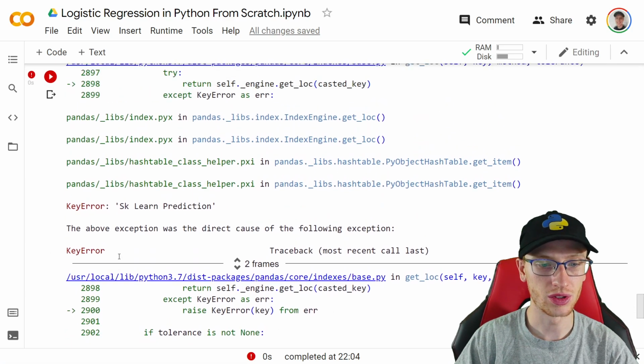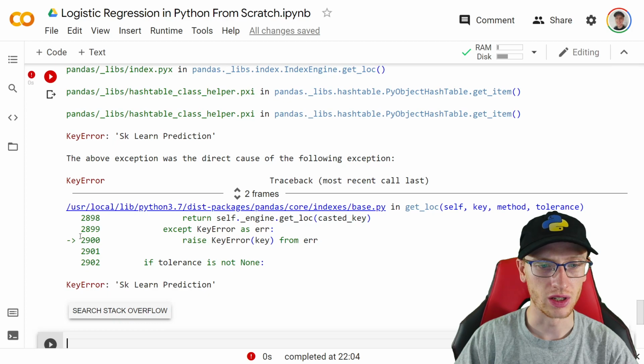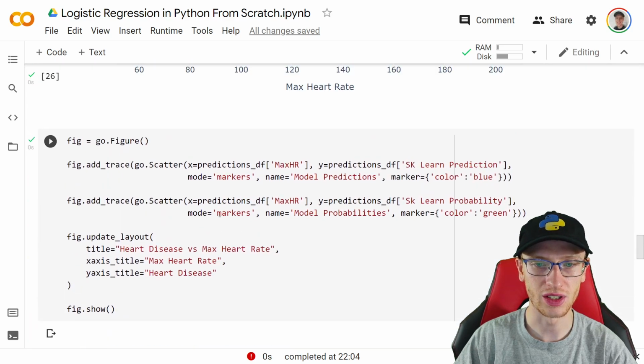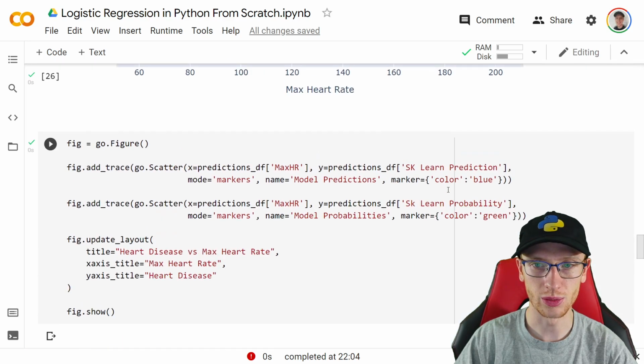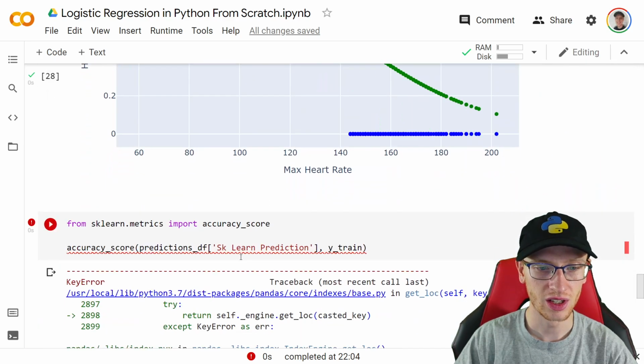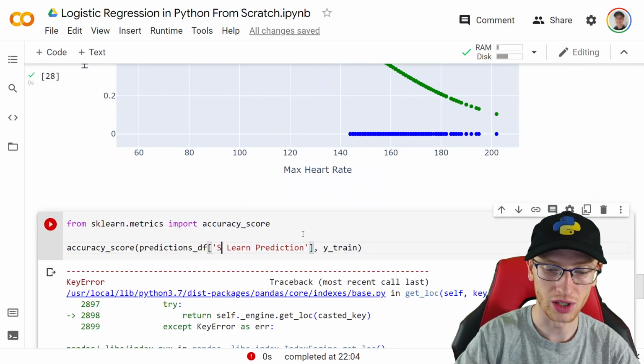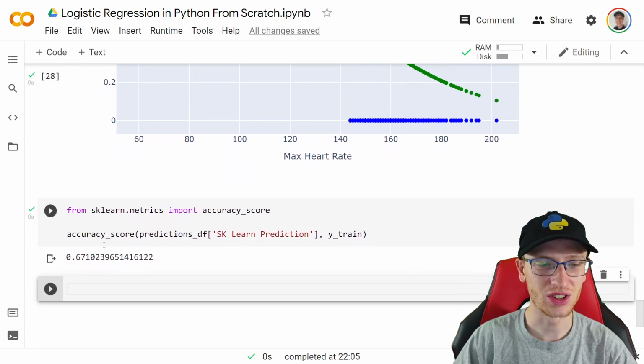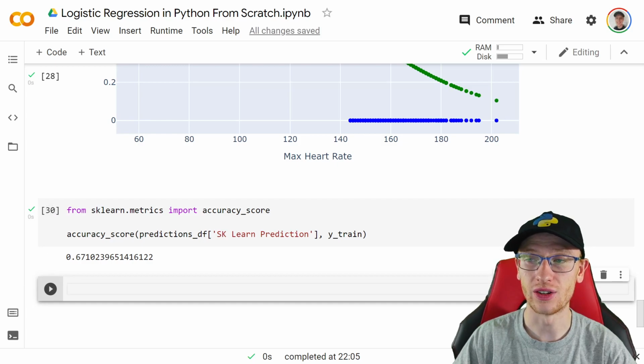No, apparently I won't. I got a key error again. Predictions df sub Scikit-Learn prediction. How could that possibly give a key error? What are we doing here? There's no space at the end. Gosh, sorry about this, having a rough go. Scikit-Learn prediction, Y-train, there you go, 67% accuracy.